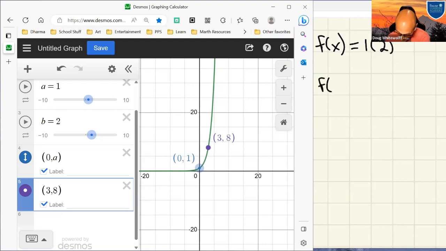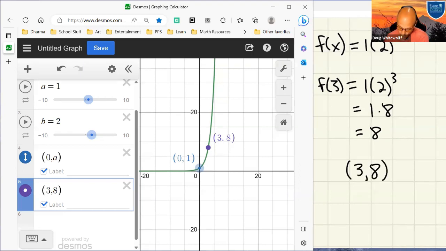Now, f of 3 says we're going to plug in 3 for x, so that's what we get. And then that's going to be 1 times 8, because 2 to the 3rd power is 8, and then 1 times 8 is 8. So that says that when our x value is 3, our output, our y value, is 8.